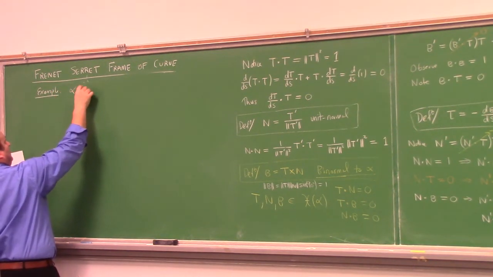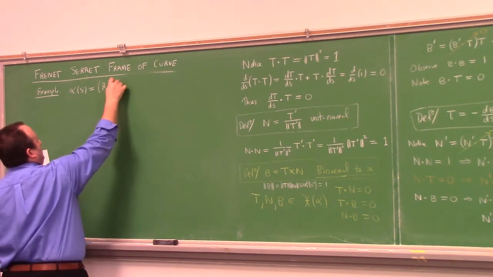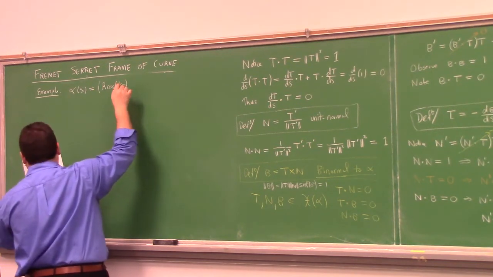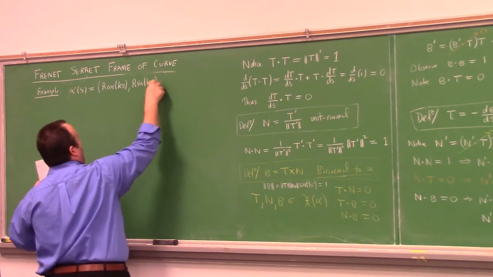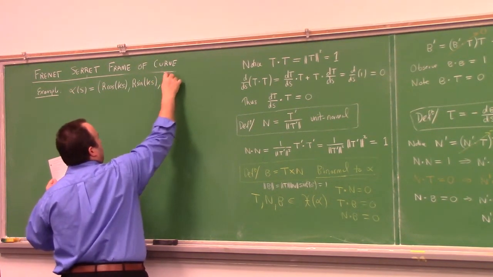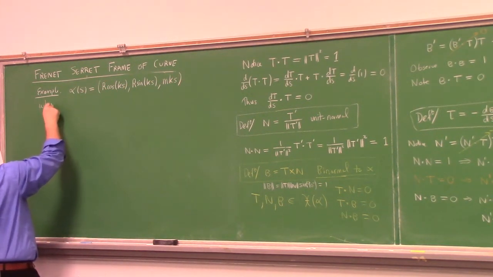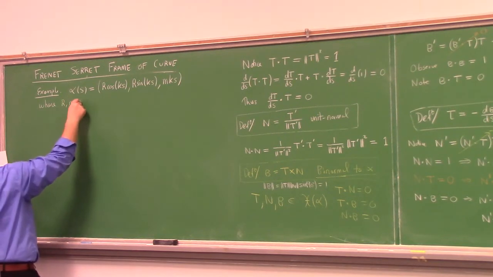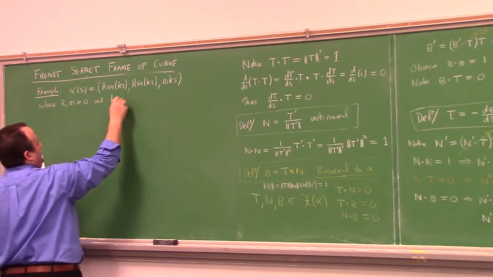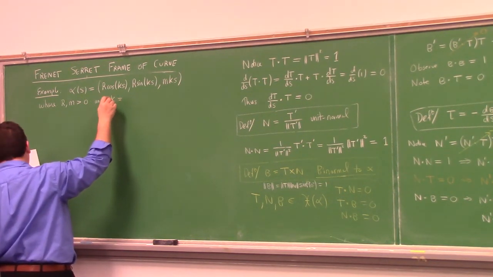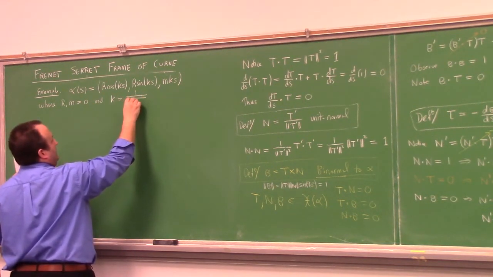Alpha of s is equal to R cosine Ks, comma R sine Ks, comma MKs, where R and M, we'll assume are positive constants, and this K I define to be 1 over the square root of R squared plus M squared.